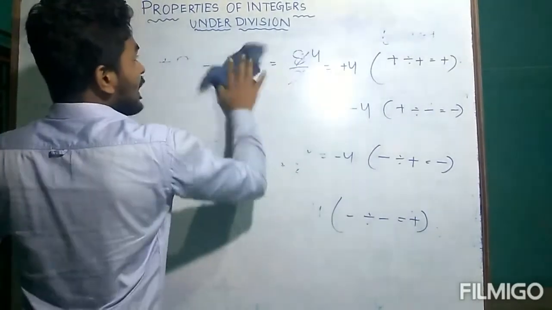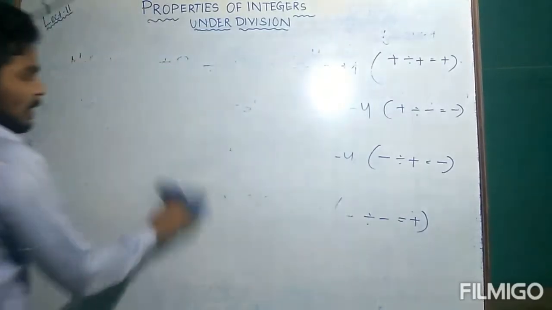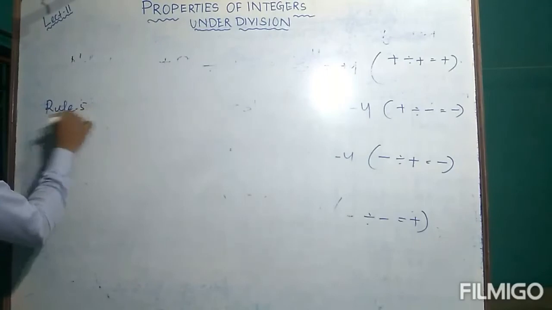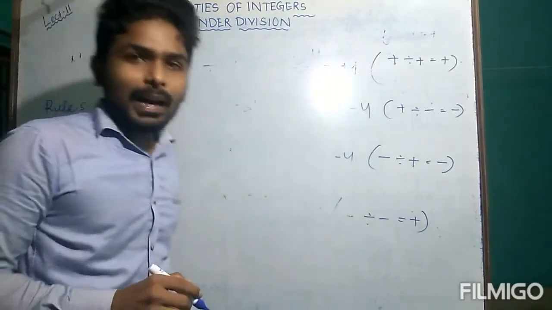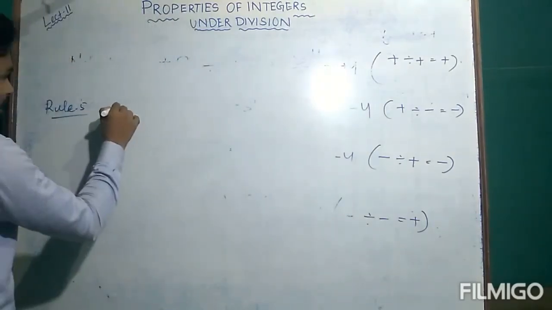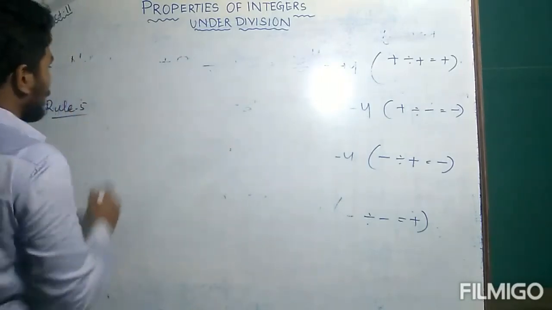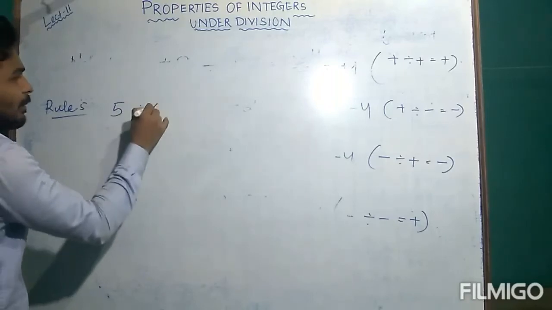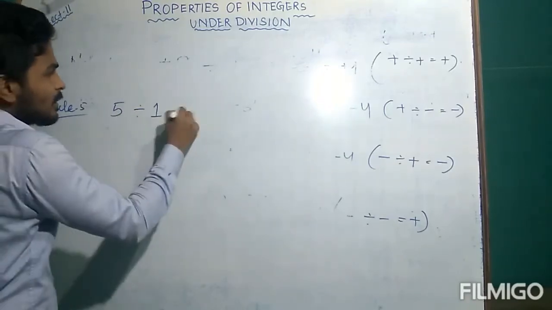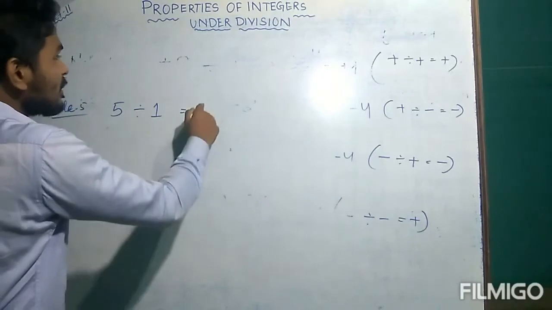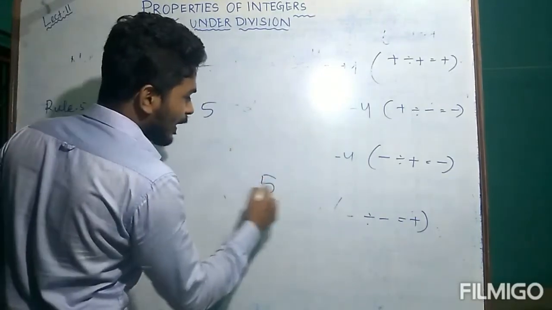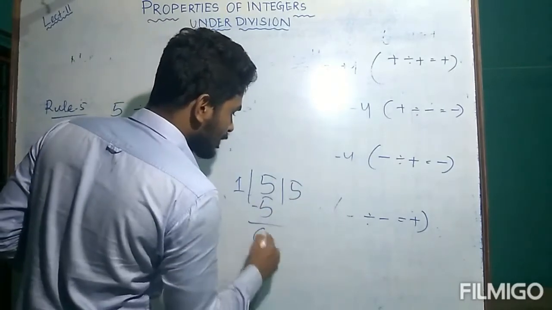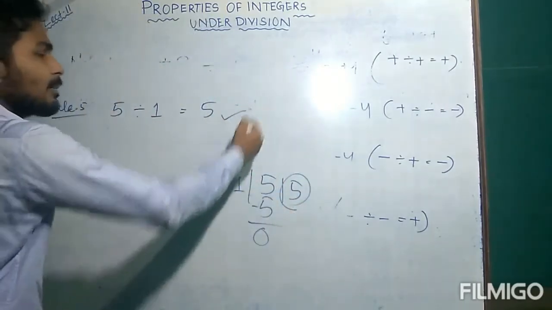The next property, rule number 5: whenever an integer is divided by 1, suppose 5 is divided by 1, what is the possible value? The value is also 5, because 1 fives are 5, so the remainder is 0 and the quotient is 5.